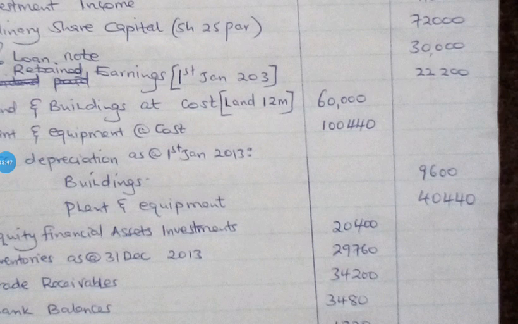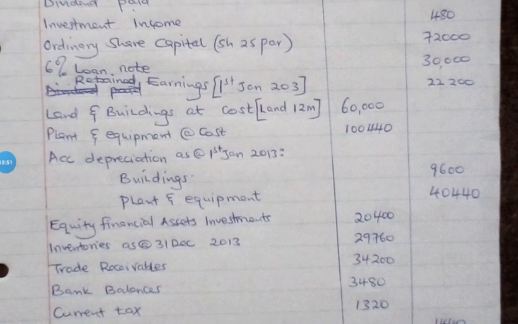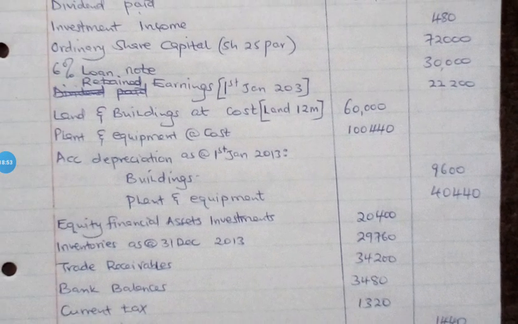So remember how we are getting the cost of our buildings. Land and buildings at cost was 60 million, and you are told that land comprised 12 million.